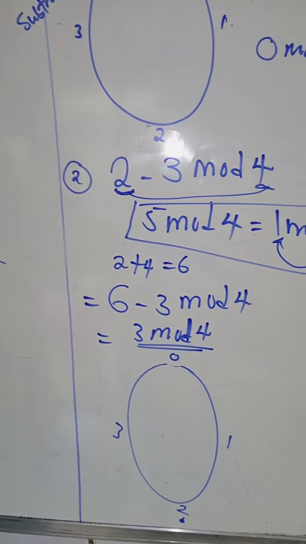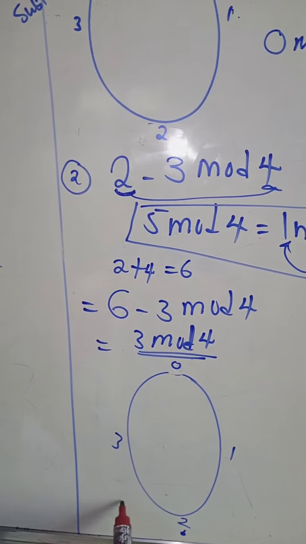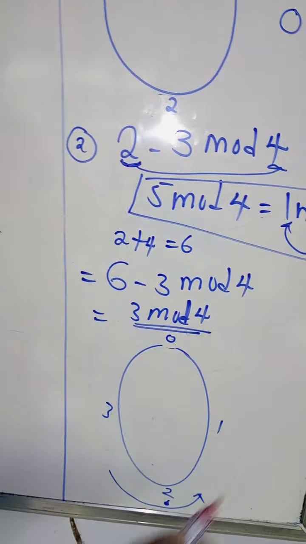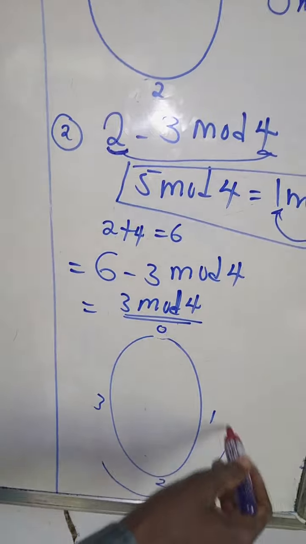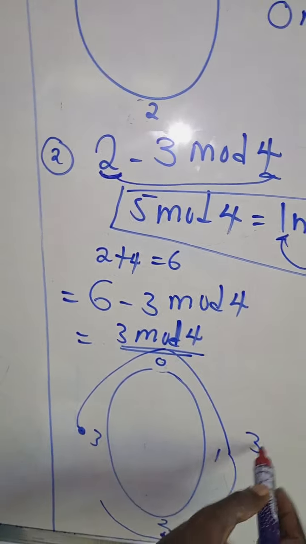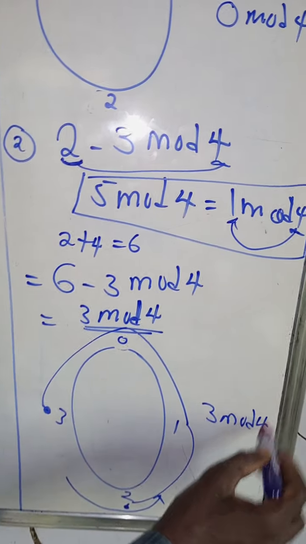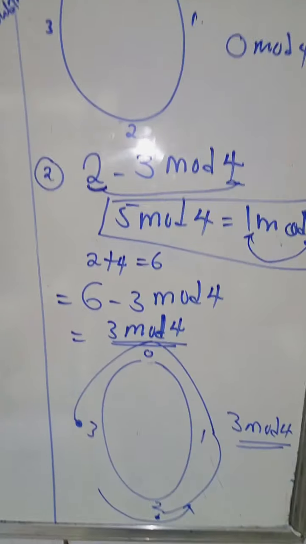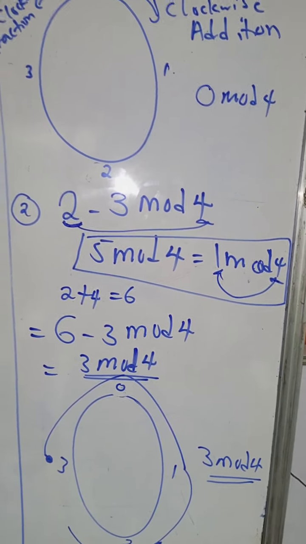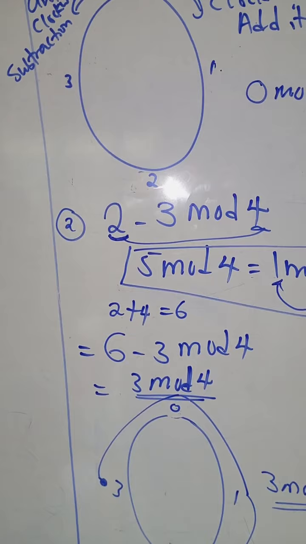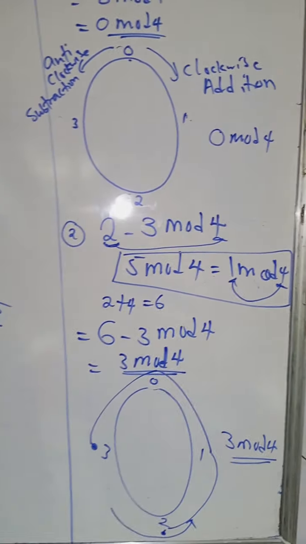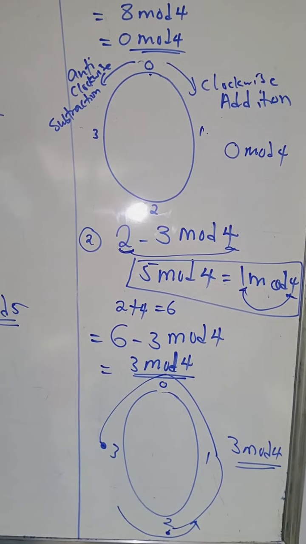I go to 2 and I move anti-clockwise. 2 minus 3, I move 3 times: 1, 2, 3. You see where my answer is. It's still giving me 3 mod 4. So for subtraction, you move anti-clockwise, while for addition, you move clockwise. Let's still look for more examples if we have.